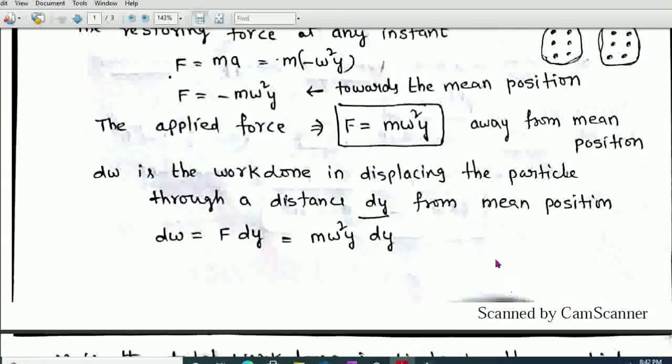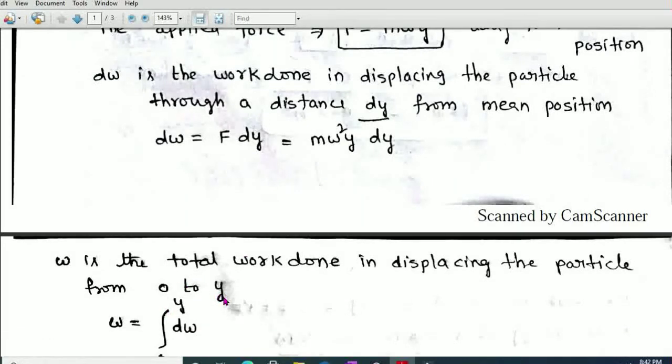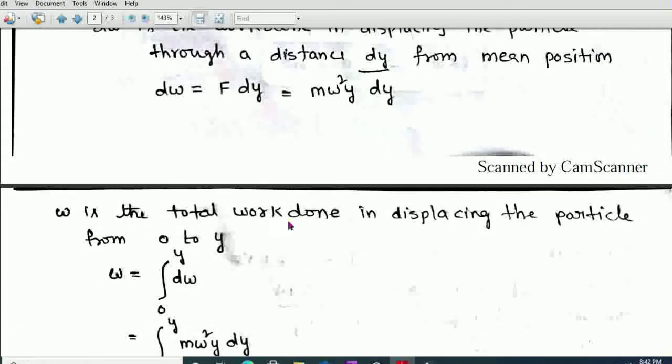Now to find the potential energy, we need to find the total work done in displacing the particle from the mean position to a distance y. So W is the total work done in displacing the particle from 0 to y, where 0 means the mean position.